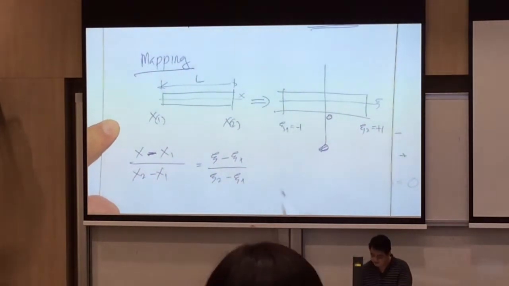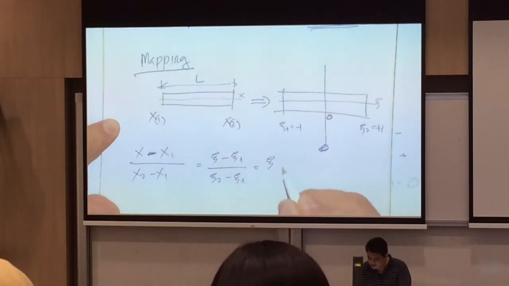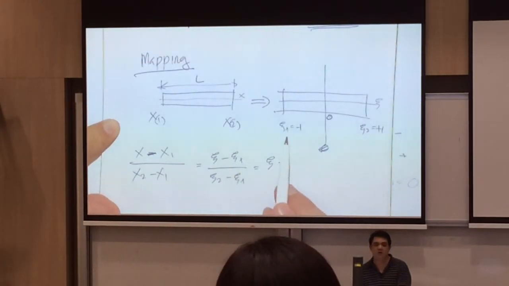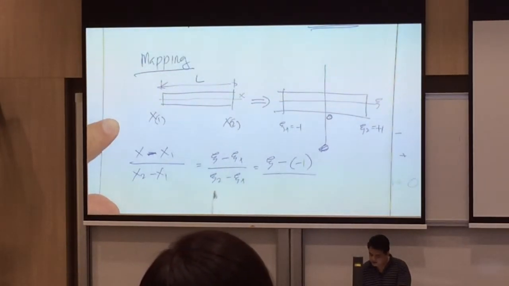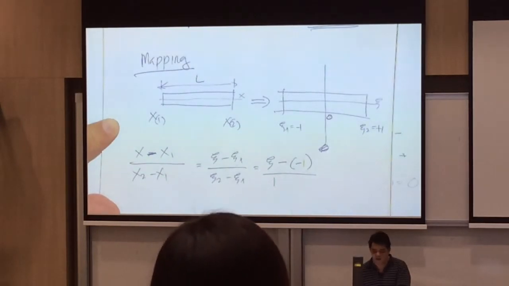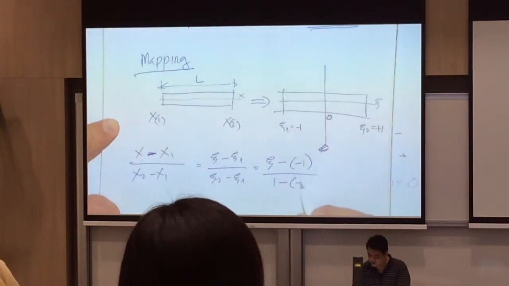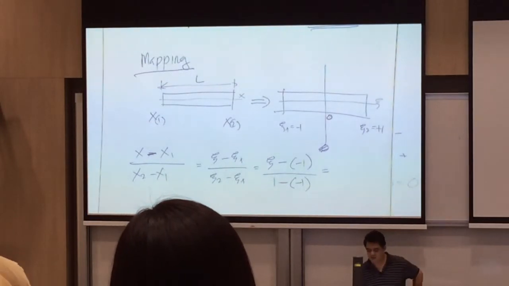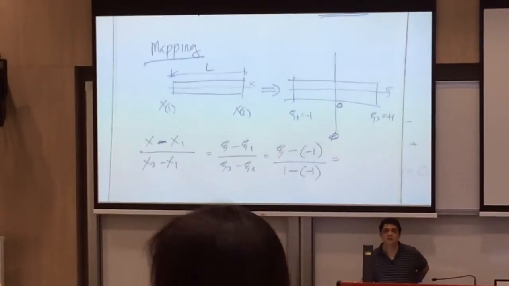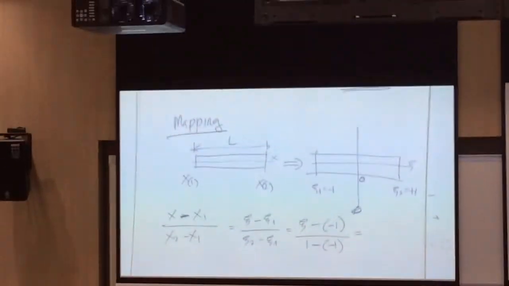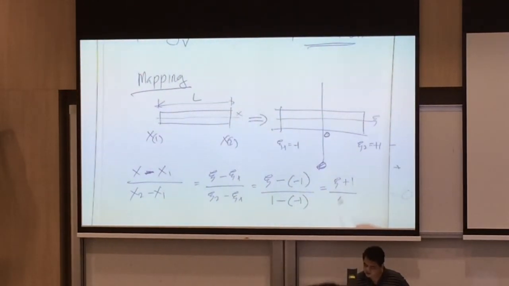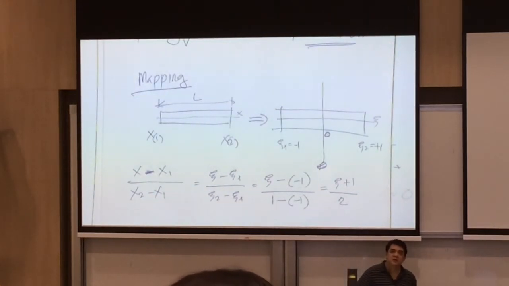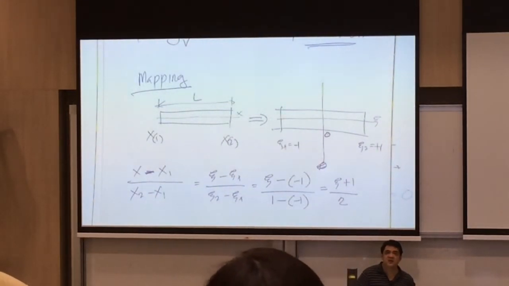But this one is c minus c1, where C1 is negative 1, and C2 is 1, so C2 minus C1 is 1 minus minus 1. So now you have C plus 1 over 2, or 1 plus C over 2.